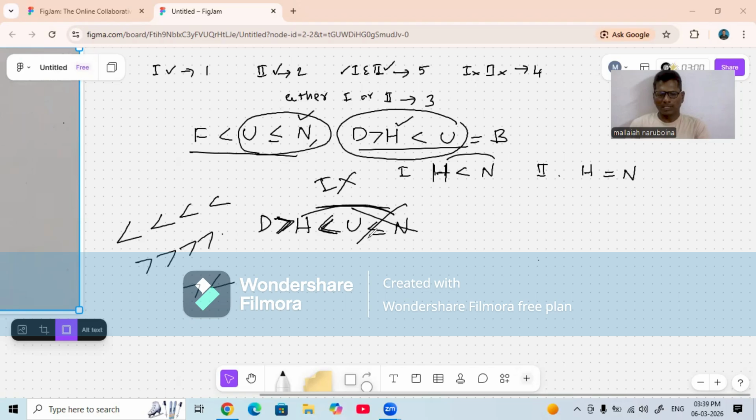We have an equal symbol here, but we should have only H is equal to N. Here less than or equal to symbol is given, so this is also wrong. So conclusion 1 failed and the second conclusion also failed. In that case, answer is 4. See, 1 is wrong, second is wrong, your answer is 4. So answer for this question is 4.